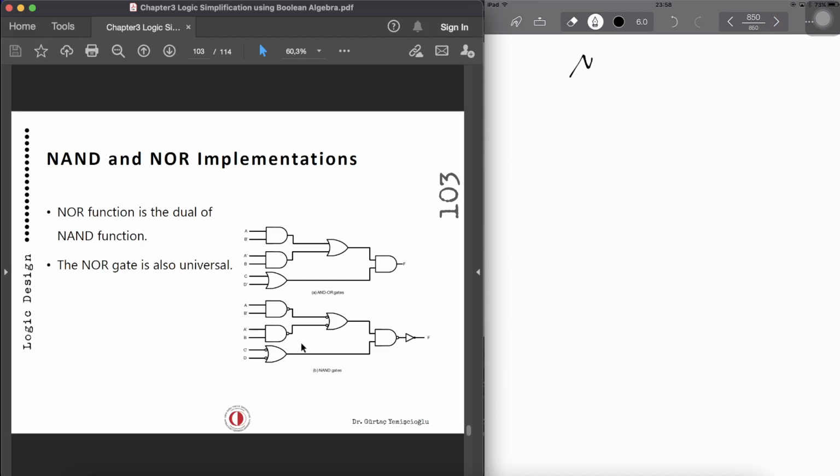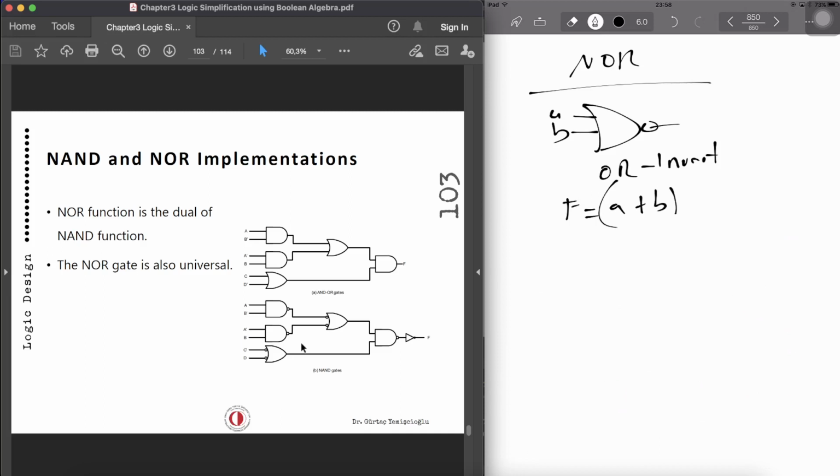Now, the NOR gate also has two ways of symbols. It's OR-invert, and F is A plus B prime.